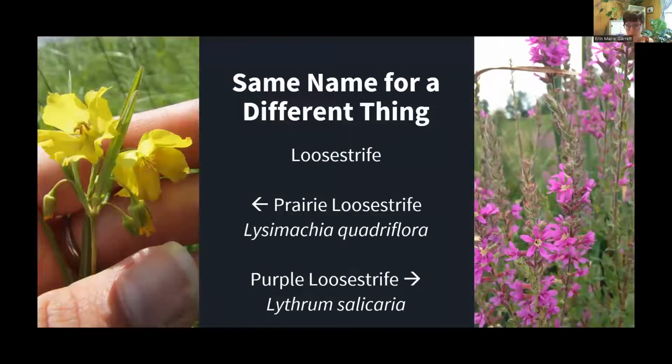If you're familiar with purple loosestrife, it's a problematic invasive species. So that would be one that you'd want to manage for. The loosestrife on the left is a very beautiful, desirable native plant that you might want to consider planting. So understanding and being specific with our common names, if we do use them, can be helpful to distinguish between species more than just using a general term.